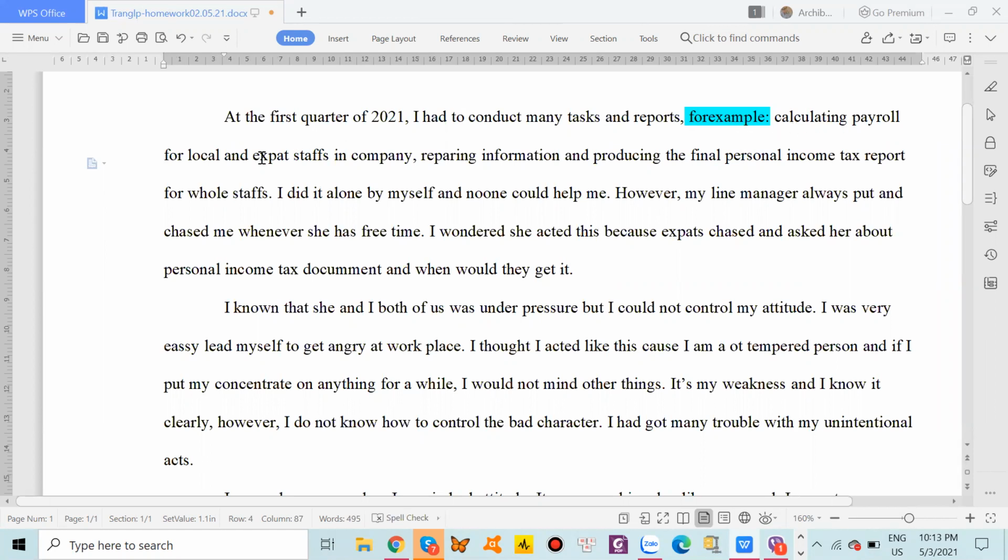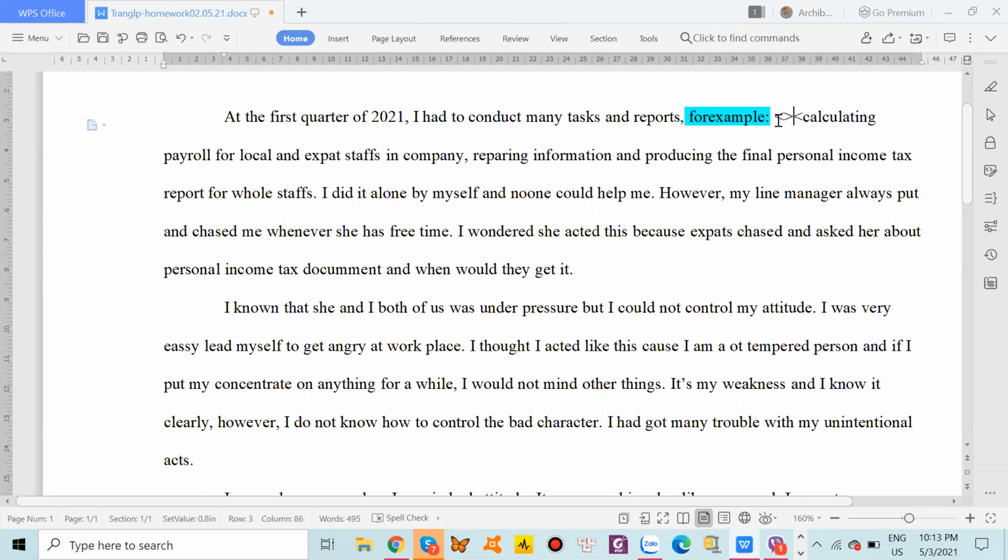Calculating payroll for local and expat staff, so please pay attention. "For example" must be at the beginning of the next sentence, and you should find some kind of subject for the next sentence. Calculating what? Who calculates, for example, and here preparing information.